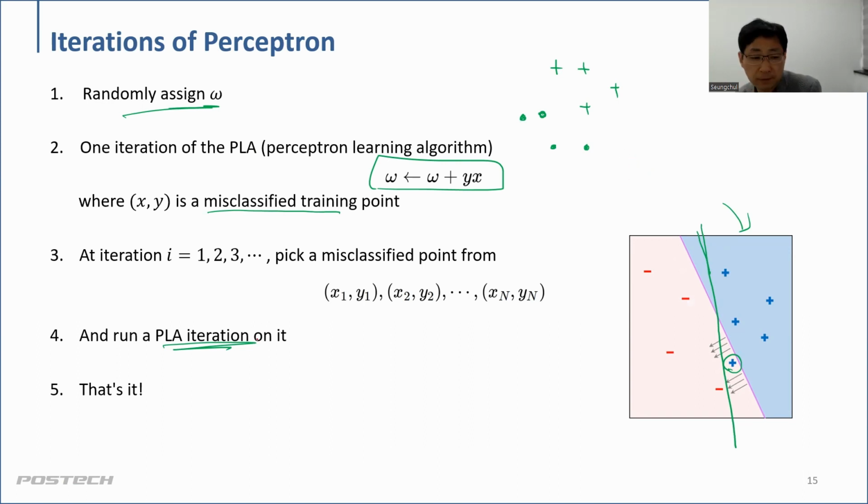And what if we have any data points here? Do you think we can get a linear classifier out of the perceptron? What do you think?